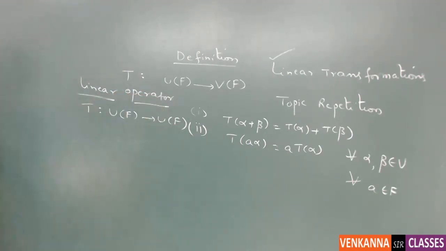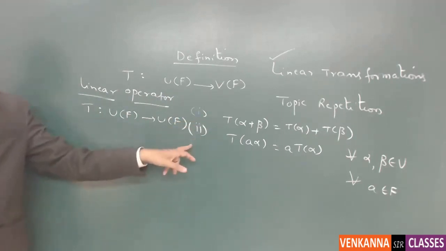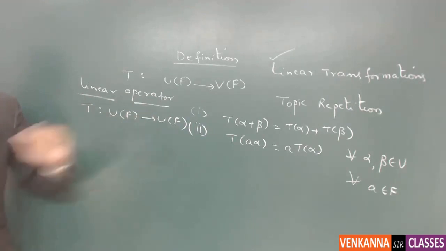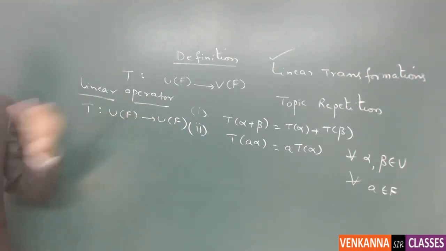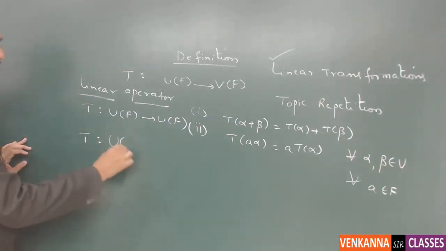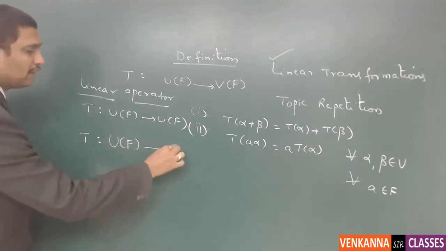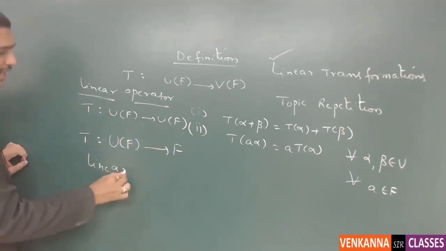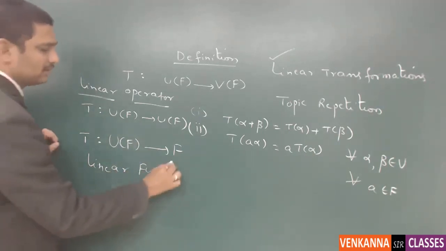So what does it mean? T has two conditions and the function is defined from U to U itself. In such cases, we call it a linear operator. And if T is a function defined from U of F to F, in such cases, we call it a linear functional.